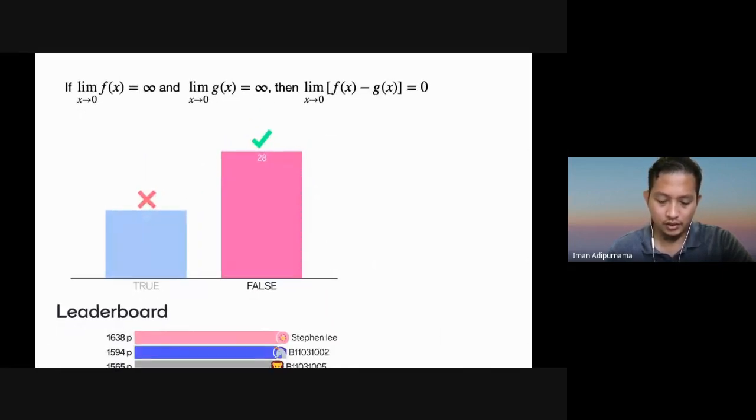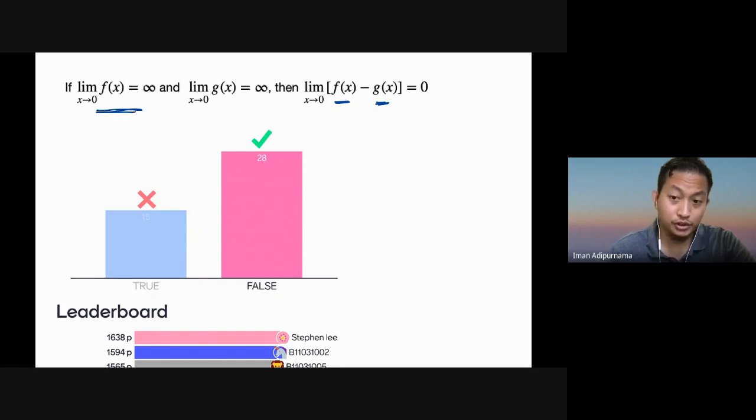The other is, I think, important to mention. You have f and g. And by definition, at first, the limit as x approaching 0 of f is going to have infinity. g also having infinity.